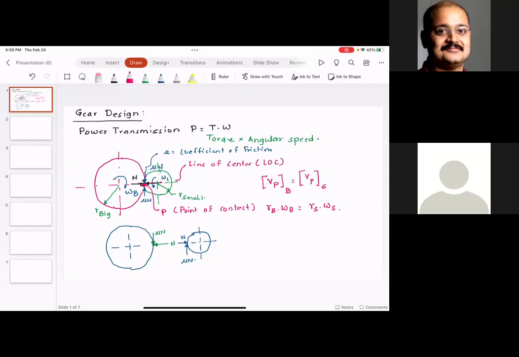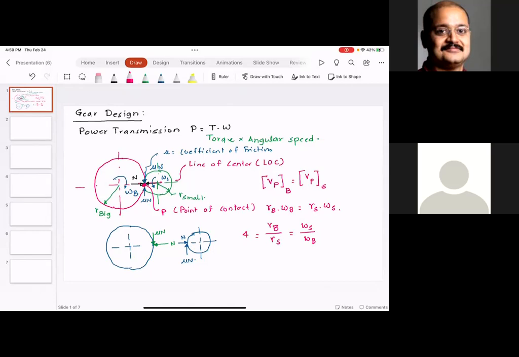Now, what I'm going to do is take the ratio RB divided by RS is equal to WS divided by WB. What does this tell me? This tells me the speeds of those wheels are inversely proportional to their radii, which means if the big wheel has 4 times greater radius, then your ratio is going to be 4.